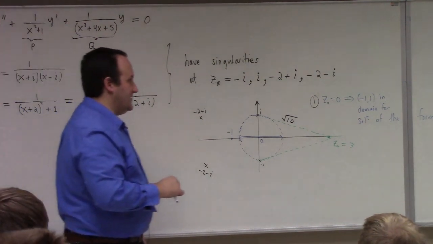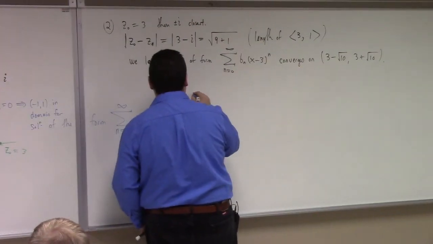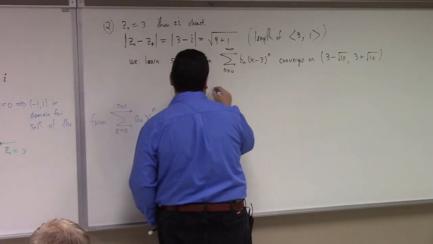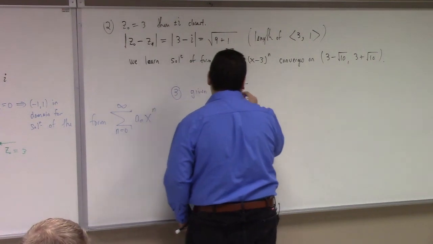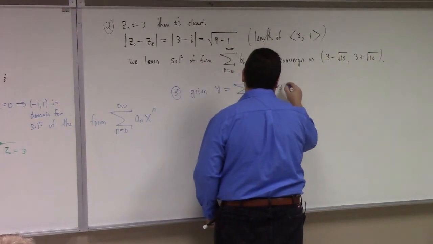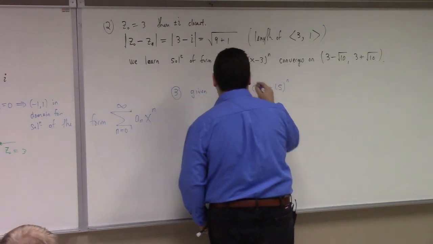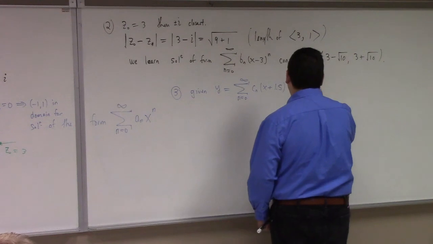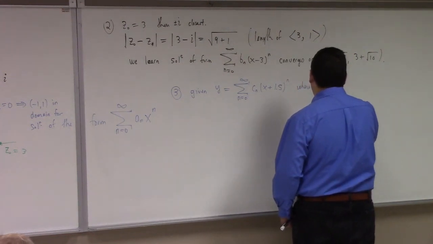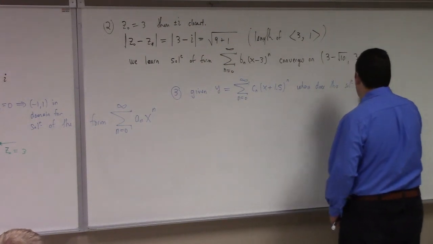Here's the way I could ask the question, number 3. Given y equals the sum c sub n, x plus 1.5 to the n, n equals 0 to infinity, where does this solution exist?